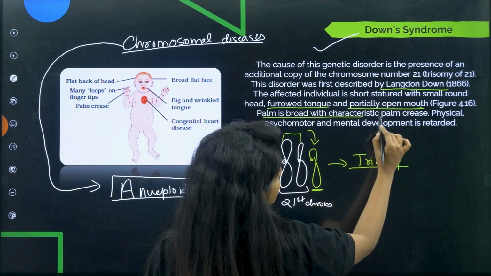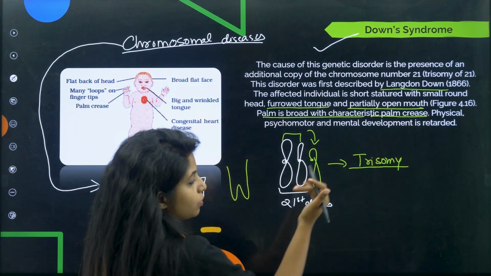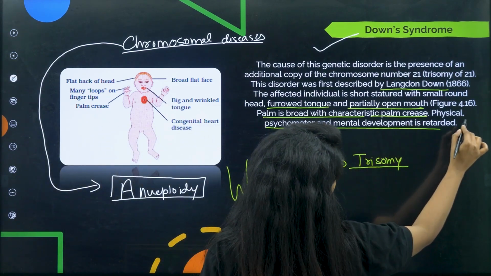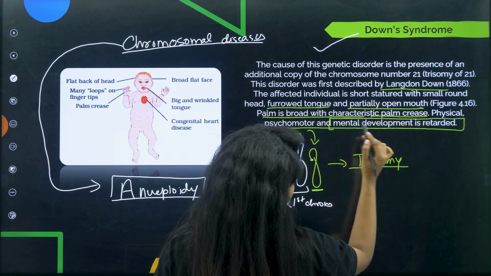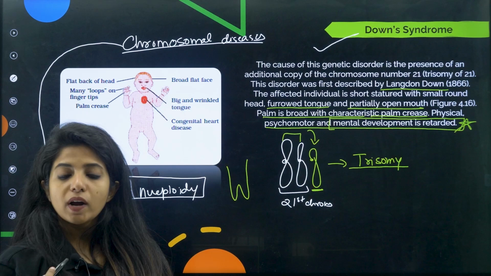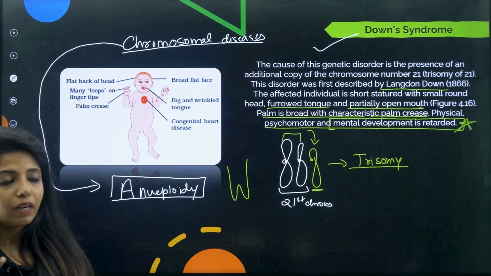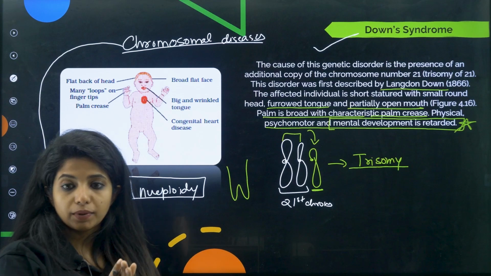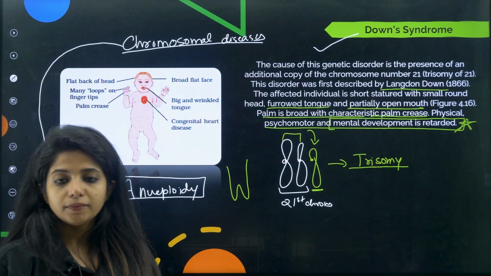So these are the features you need to know: small round face, furrowed tongue, and partially open mouth. The palm is broad with a characteristic palm crease, so there will be many lines on the palm, and physical, psychomotor and mental development is retarded. This point is very important, children. For Down syndrome, one basic feature is mental retardation. Do not get confused with phenylketonuria. That is something different, a Mendelian disorder, a genetic disorder.